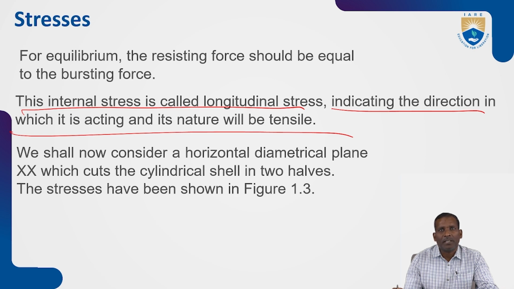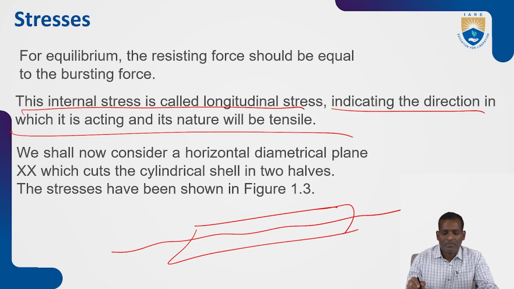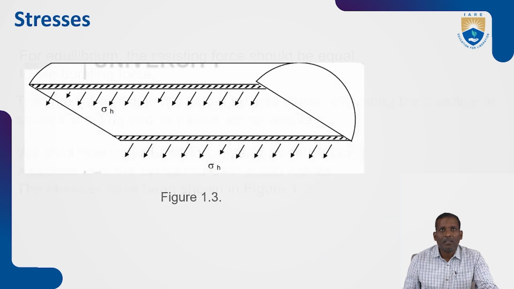We shall now consider a horizontal diameter plane, that is XX, the horizontal diameter plane, which cuts the cylinder shell into two halves, like this. The stresses have been shown in this figure.